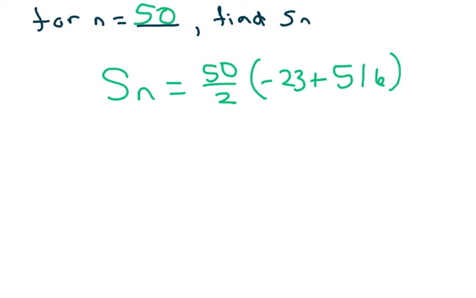So basically, just multiply this through, and you get 25 times negative 23 plus 516, and you get the total of 12,325. All right, the next one.